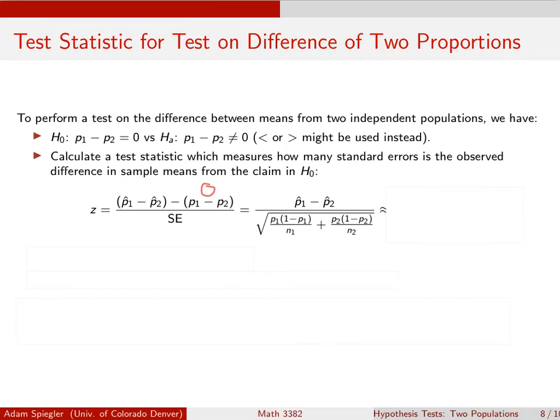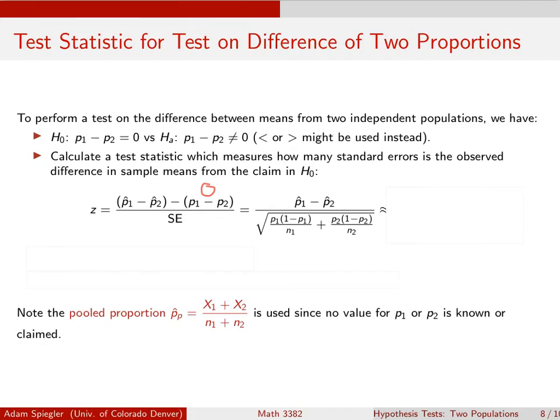So we're going to approximate P1 and P2 in this calculation with the same value, and that value is what's called the pooled proportion. I'm going to denote that with a p hat p. What that means is we're going to group together how many successes there were from group 1 and group 2, add those together, and then divide by how many people there were altogether.